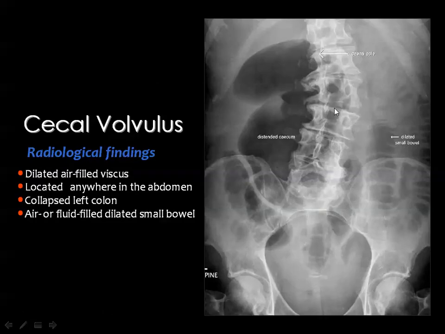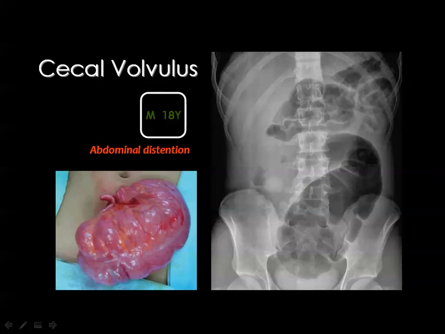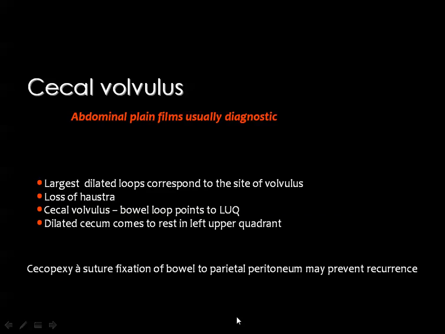This is the radiographic appearance with the hugely distended cecum with air, and this is located anywhere in the abdomen, but commonly in the right side, and the air fluid level may be seen in the small bowel secondary to obstruction. This is the classic plain film finding of cecal volvulus in a teen-aged male with abdominal distension, showing the severe distension of the cecum.